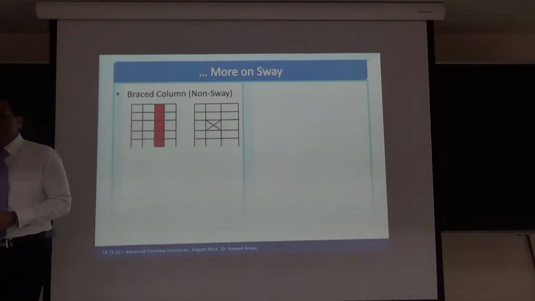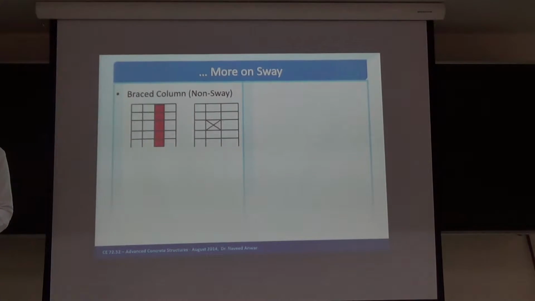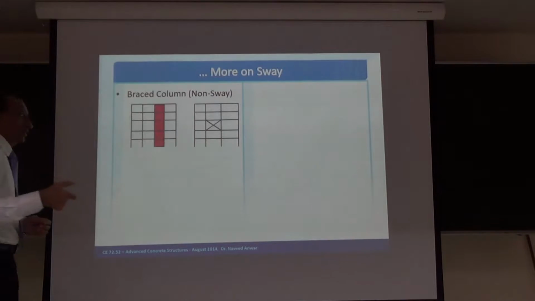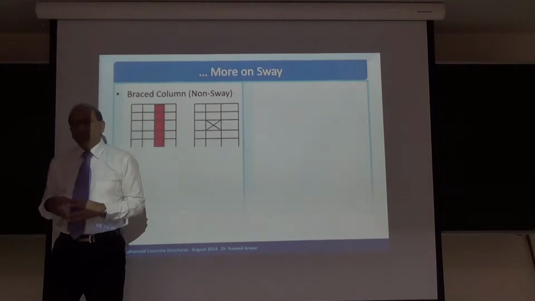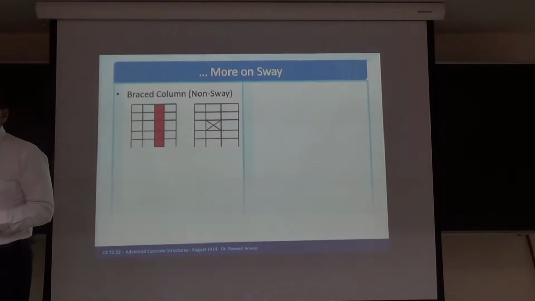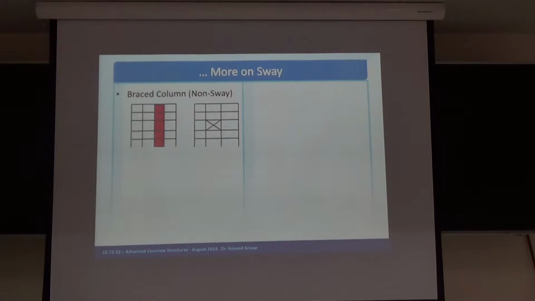So it's not just one column problem. This is a problem which affects the whole structure. If you have a slender column, then that slender column will affect the analysis of the entire structure. So it's a complicated problem which is very hard to solve accurately.